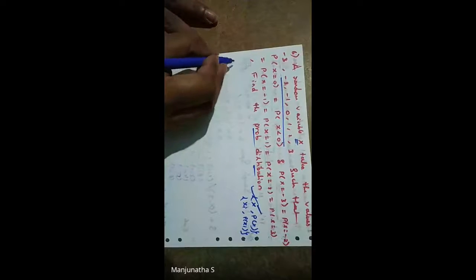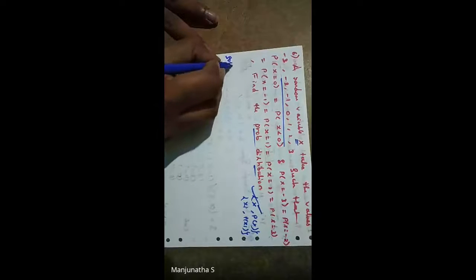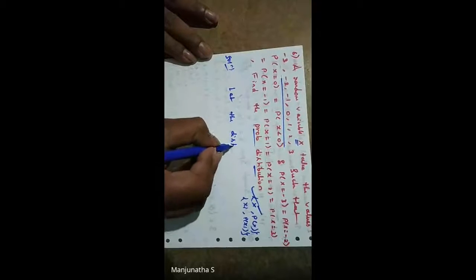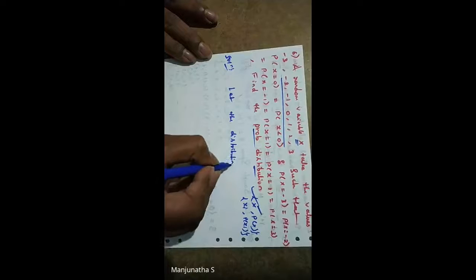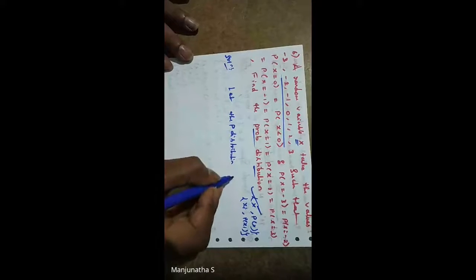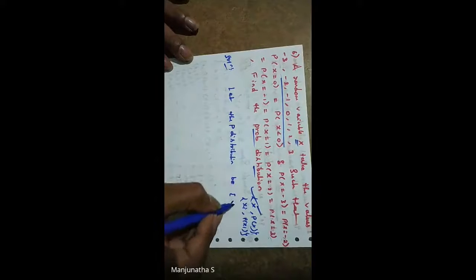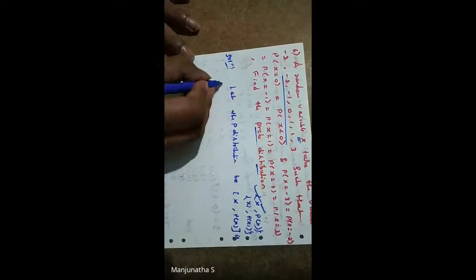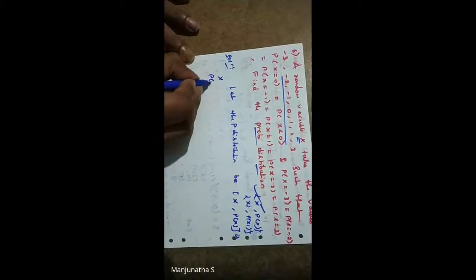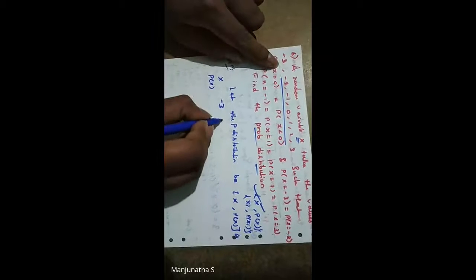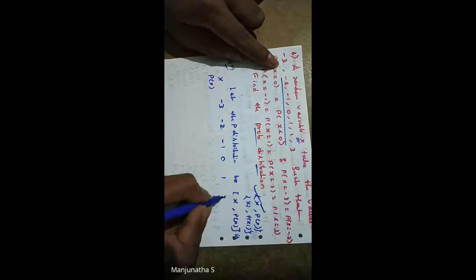Solution: let the probability distribution be X comma P of X. X means -3, -2, -1, 0, 1, 2, 3.